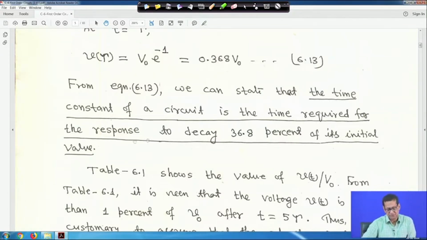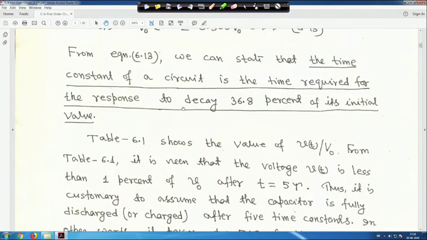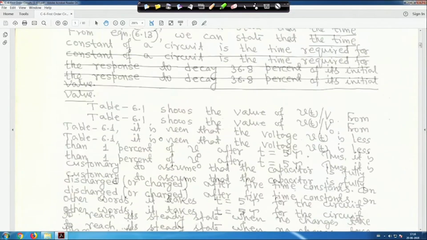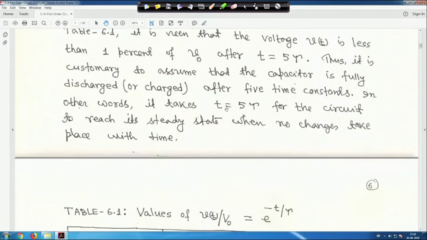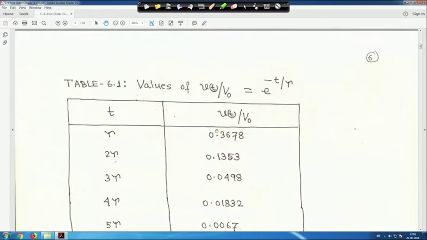Now, I have made a table. Table 1 shows the value of V t by V 0. From table 1 it is seen that the voltage V t is less than 1% of V 0 after t is equal to 5 tau. I mean, V t is equal to V 0 e to the power minus t upon tau, that means V t by V 0 is equal to e to the power minus t upon tau.